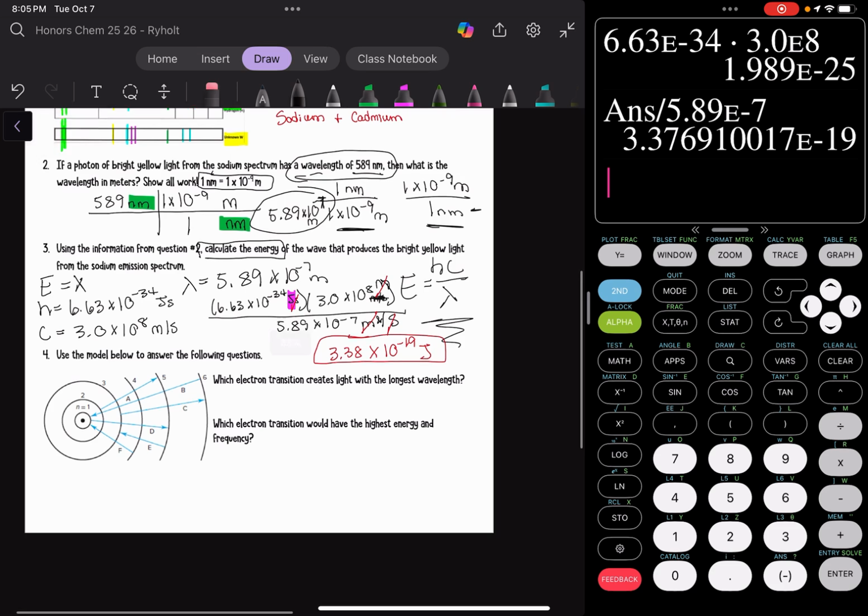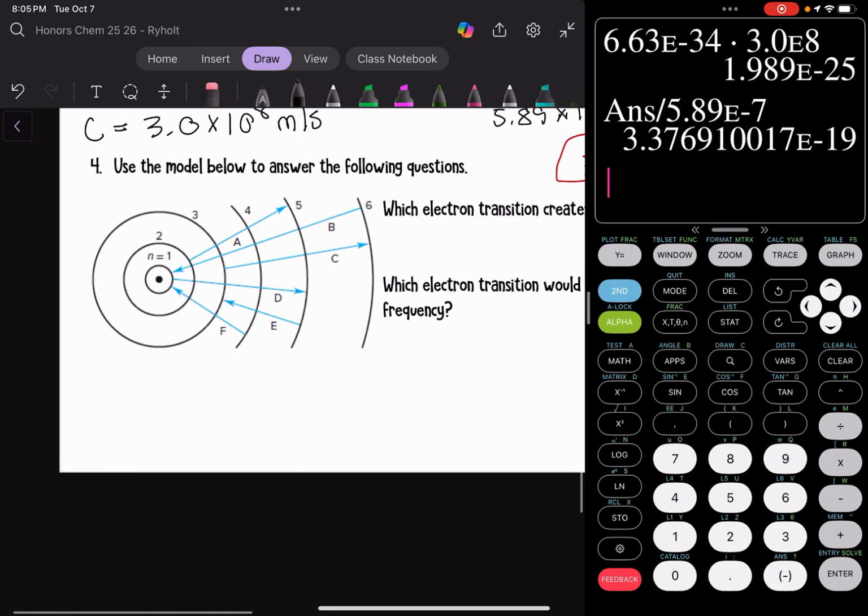Okay, so let's see here. I'm going to highlight the transition with the longest jump in energy levels. All right, so here I'm going from one, two, three, four energy levels because I go from the principal energy level n equals one.